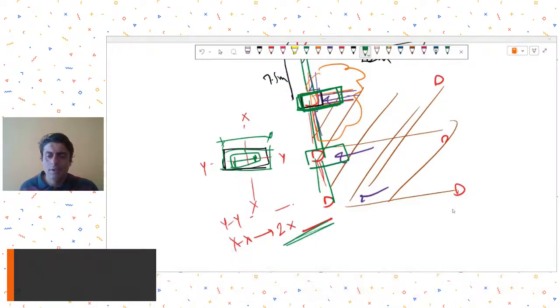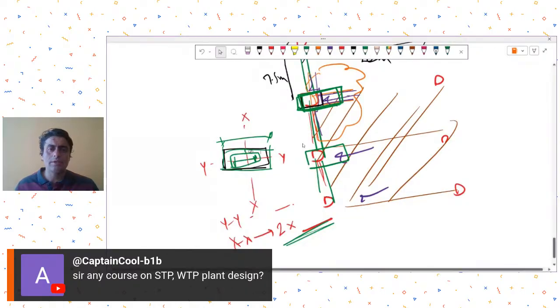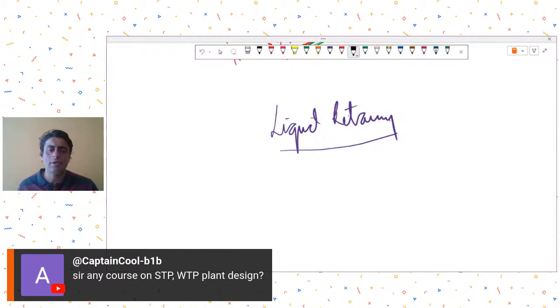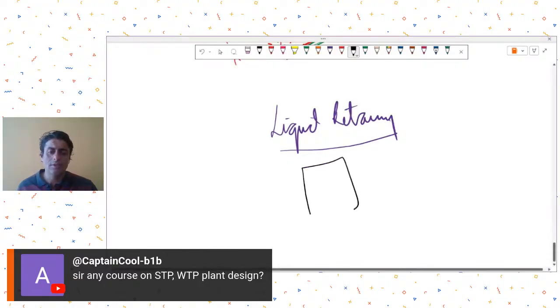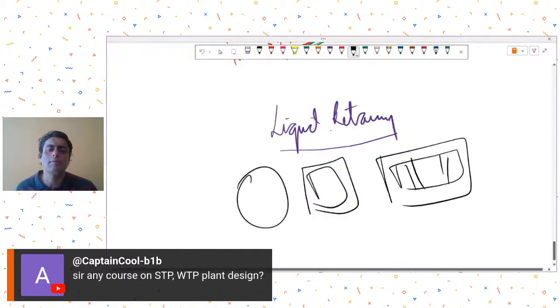Yeah, Captain Cool is asking, any course on WTP, STP plant design? Not on plant design. We have not done any course on hydraulic calculations or plant design per se, but we have a very good course on liquid retaining structures. Over there, we have dealt in detail with the structural design and detailing of structures which carry liquid loads: tanks, multi-compartment tanks, circular tanks, on ground, underground, above ground.